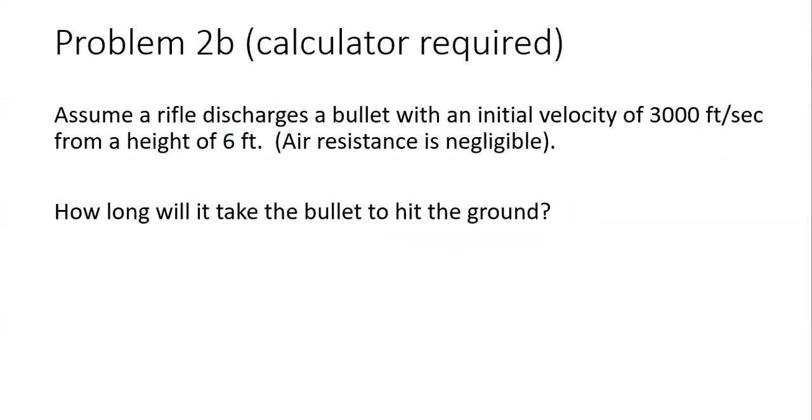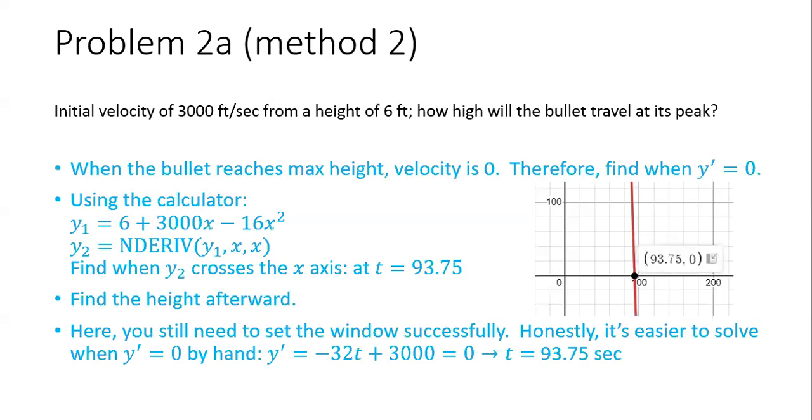Okay, part B. How long will it take the bullet to hit the ground? Okay, it hits the ground when y is 0. Since we already had part A, where it's at its max at 93.75, we can probably set our window a little easier.